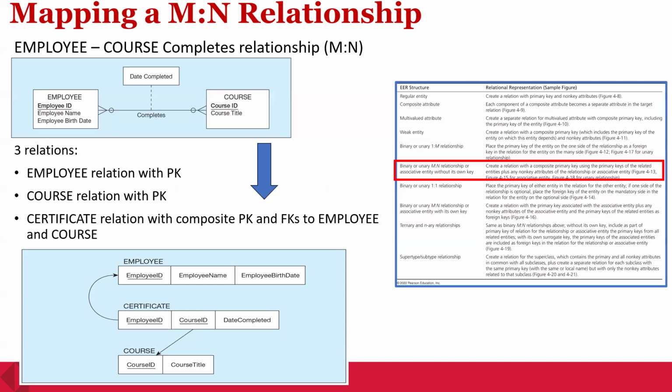So the certificate relation will have a composite primary key, which will consist of two fields, employee ID and course ID. Those attributes are part of the composite primary key, but each of them is also a foreign key to a separate relation. So in this case, course ID is a foreign key to course, and employee ID is a foreign key to employee.